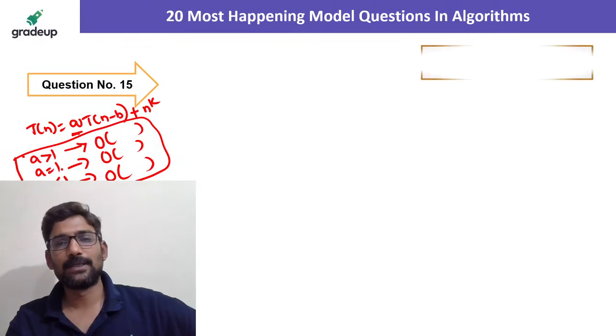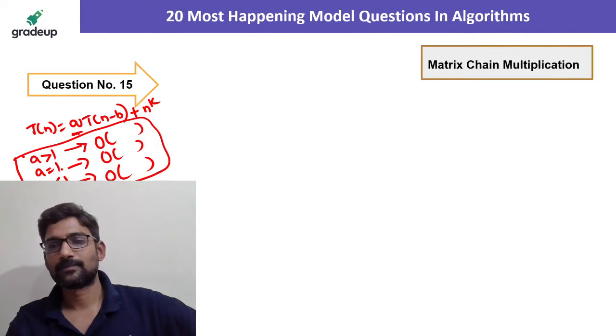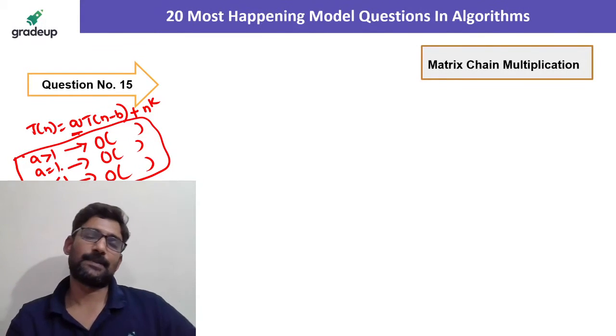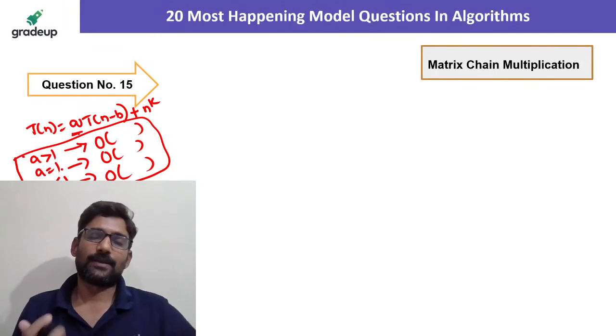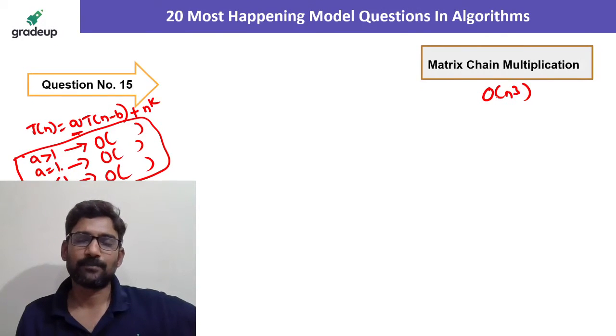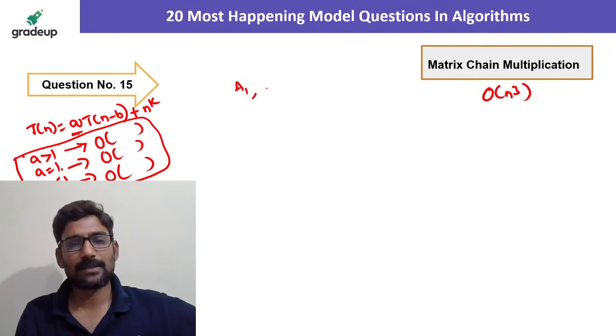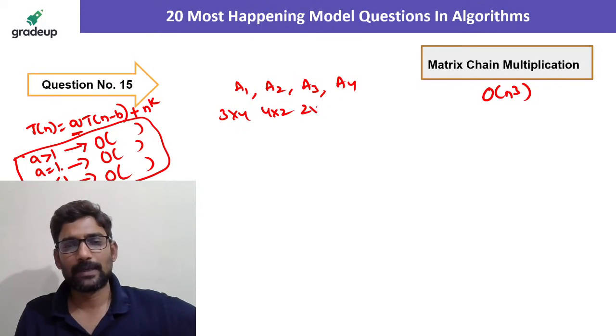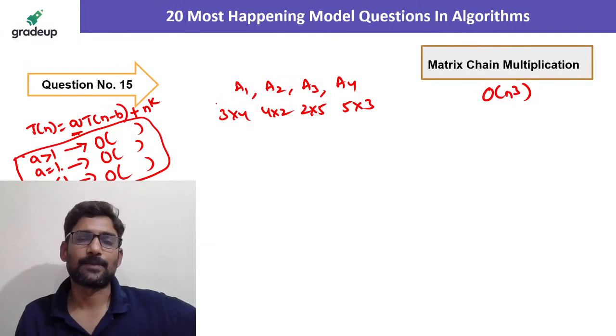So the next model is matrix chain multiplication, whose time complexity is big O of n cube. Again you may be given, let's say, four matrices A1, A2, A3, A4. The orders are, let's say, 3 by 4, 4 by 2, 2 by 5, 5 by 3, something like this.